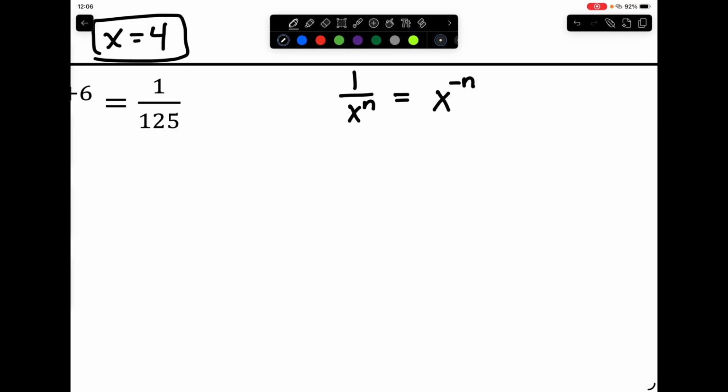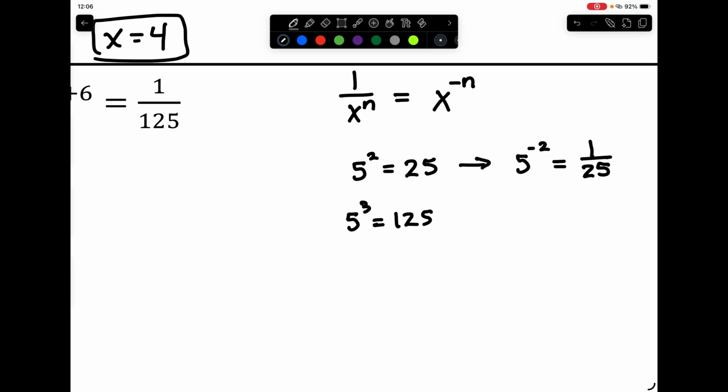So if I start off by first focusing, what does 5 to the second power equal? A positive 5 to the second power is equal to 25. So that would mean that if I have 5 to the negative 2 power, that's simply going to be 1 over 25. Similarly, 5 to the third power, that's 125.